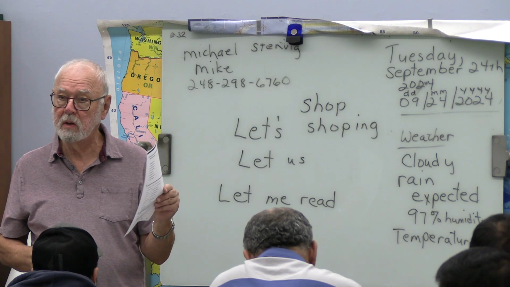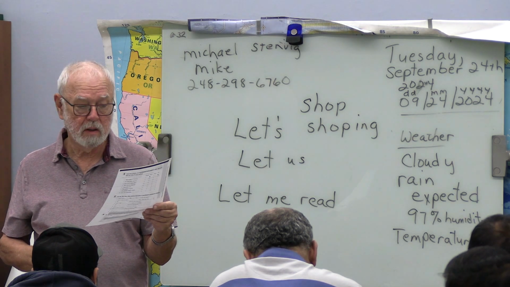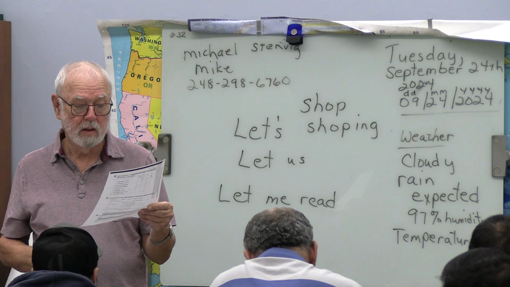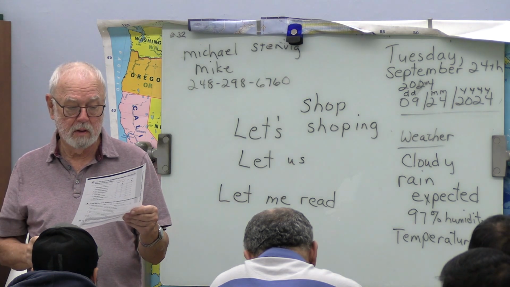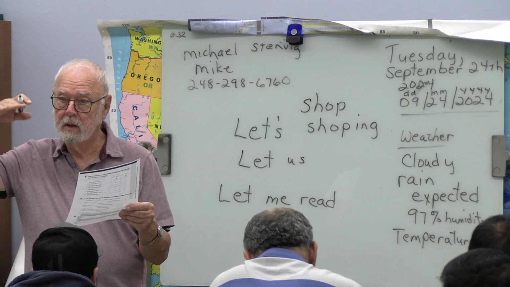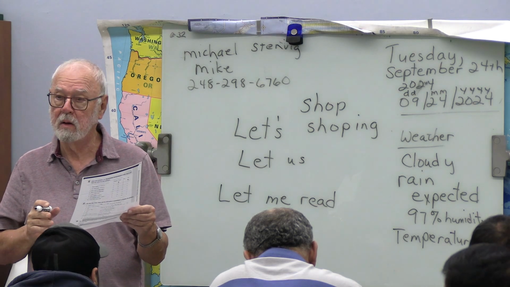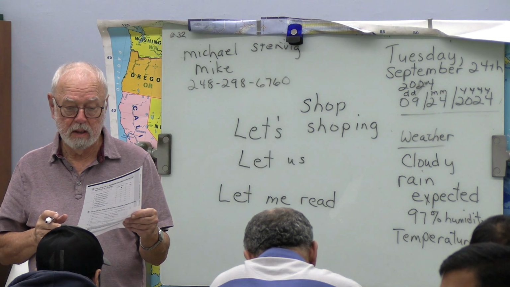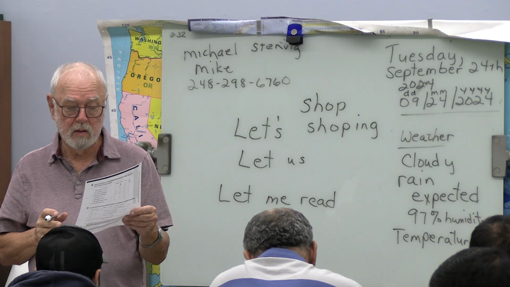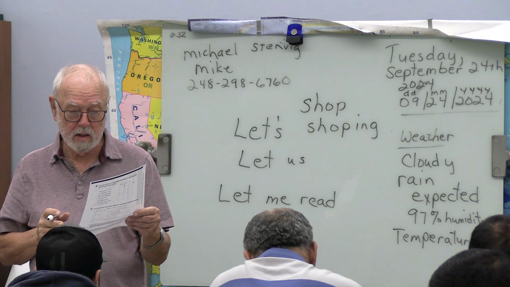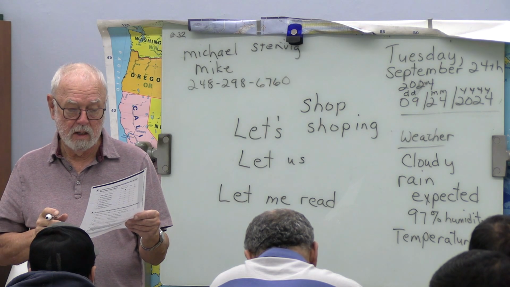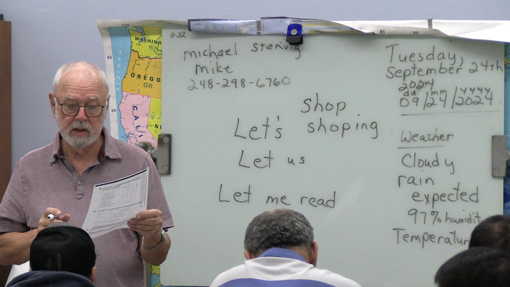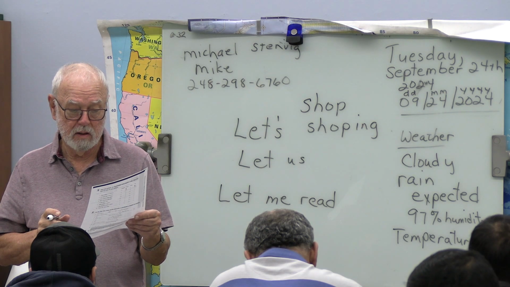I don't like that color. I don't like it. I don't like the color. I don't like it. I don't like them. It is damaged. They are damaged.